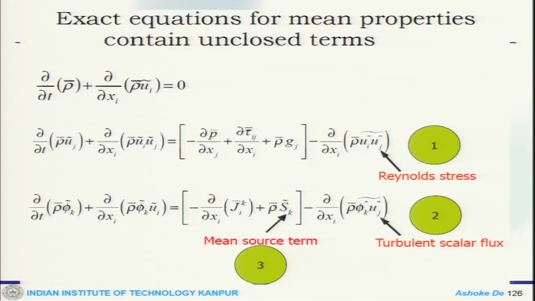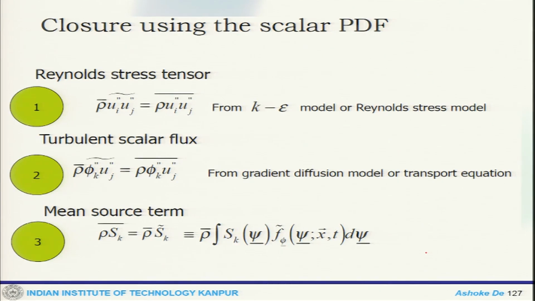So, now again coming back to our equations, this is our continuity equation, this is our momentum equation where we will get Reynolds stress, and our scalar transport equation we will have source term and turbulent scalar flux.